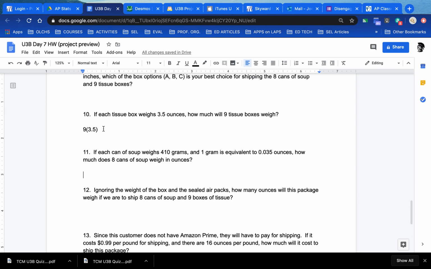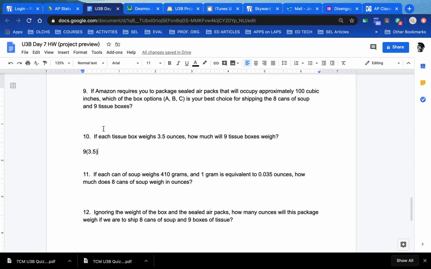So let me walk you through this next part here, and hopefully, again, this helps you understand what to do for your project. So if we did this, you're going to end up with 31.5 ounces. This, saying 410 grams, and then 1 gram is equivalent to that. So pretty much, people, you would have to do 410 times 0.035 to get the number of ounces this is, and then multiply that by 8. So 1 gram is this many ounces.